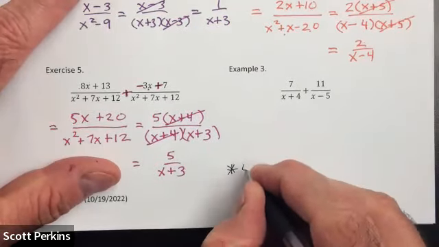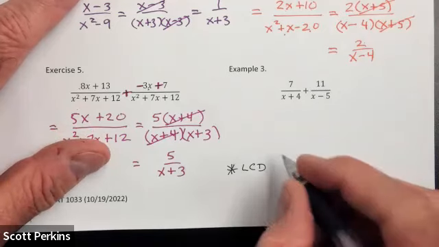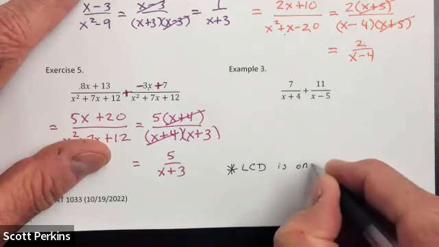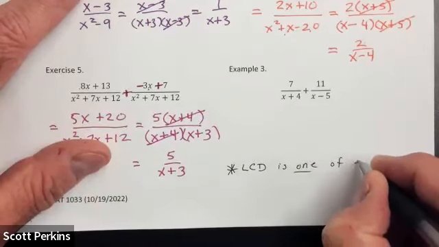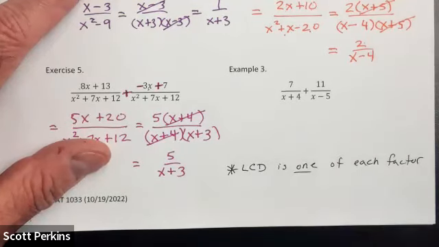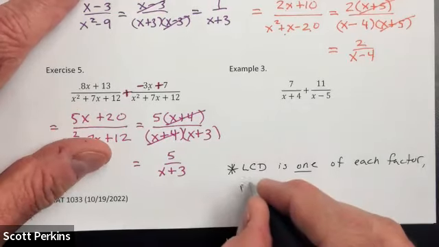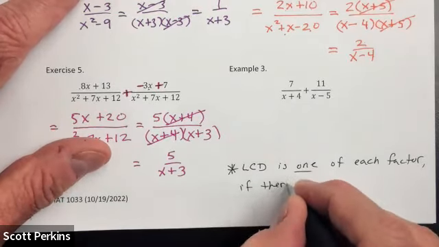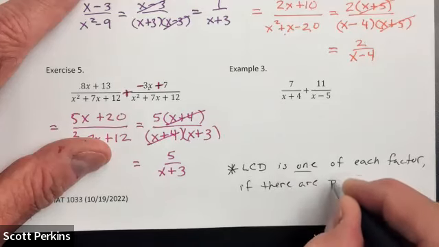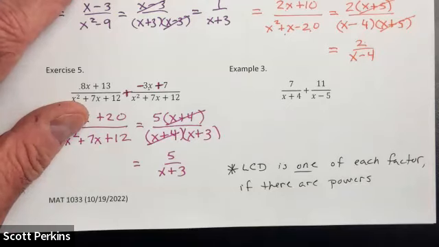The common denominator, the LCD, the least common denominator, is always one of each factor. You take one of each factor, and if there are powers, use the highest power.